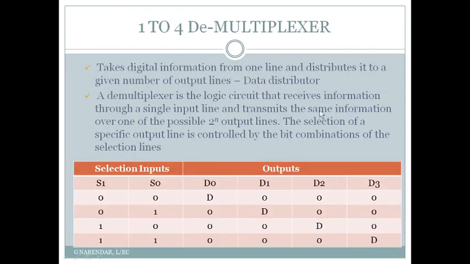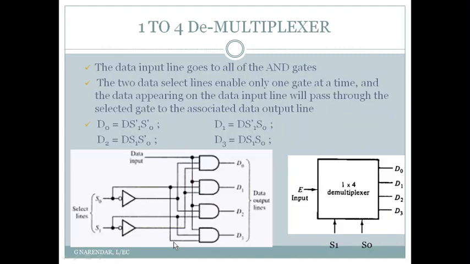So similarly, I can write the expression for D3 output also. D3 equals D when S1 is equal to 1 and S0 equal to 1 only. So I can write D3 equals S1 dot S0 dot D. So D3 equals D S1 S0.